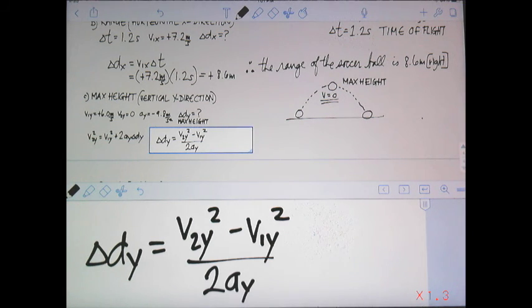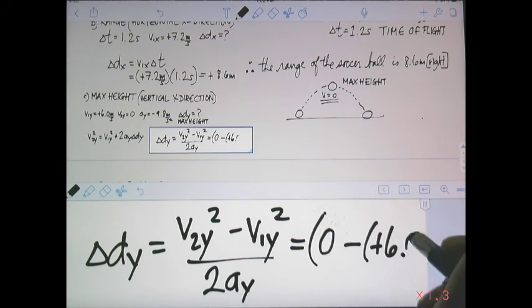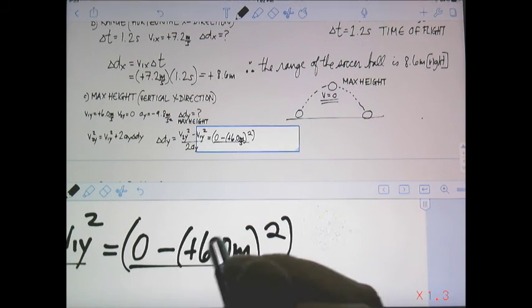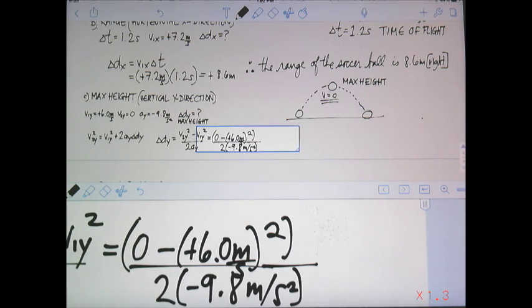Let's sub and solve. If we substitute, we get 0 minus plus 6 meters per second squared. And keep in mind that the negative sign is in front of the plus 6, outside of the bracket. So when you square the 6, that negative will remain. And it's important to do so because otherwise your direction will be off.